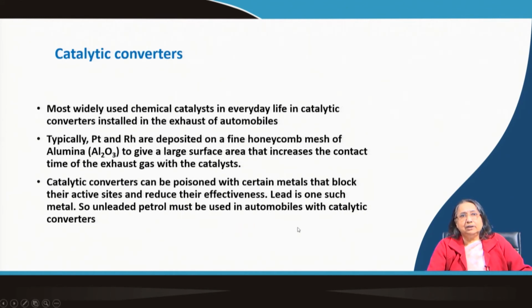So unleaded petrol must be used in automobiles with catalytic converters. I am telling you this briefly; it is a large field, but it is a daily-life, good application of catalysts.